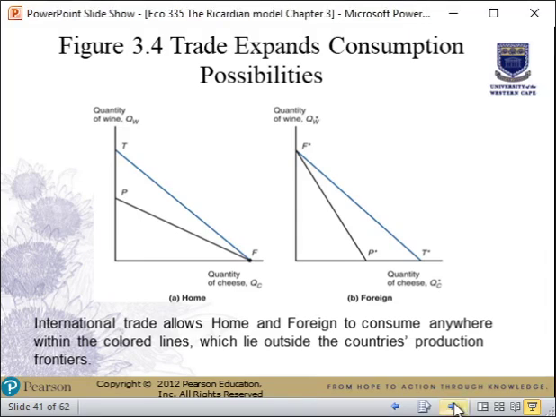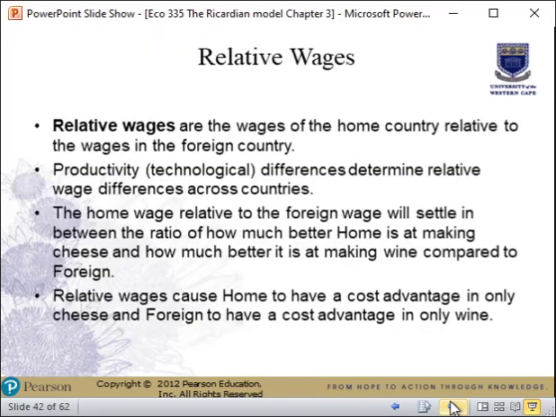Up to now, we have developed a simple model of international trade. Although it is far too simple to explain trends and patterns of trade, the focus on relative productivity is a useful tool of analyzing trade. Although our simple one-factor model has not explicitly compared wages between two trading partners, it is possible to do so. Relative wages are the wages of the home country relative to the wages of the foreign country. The differences in relative wages are a result of productivity differences.